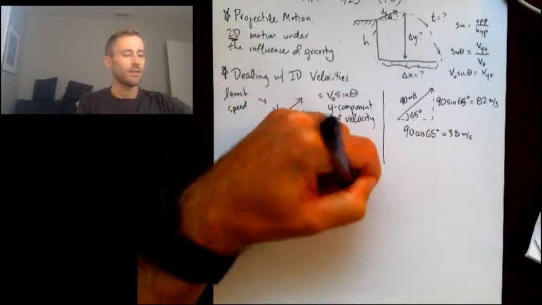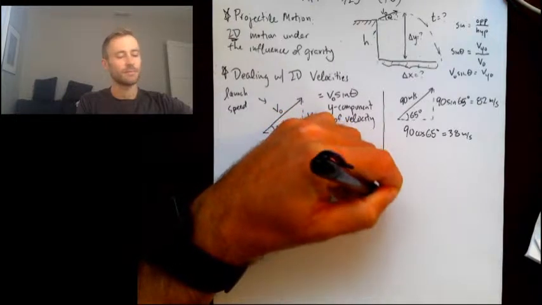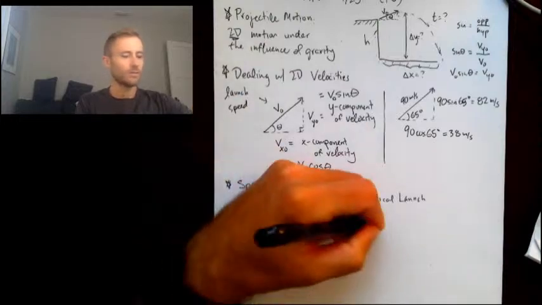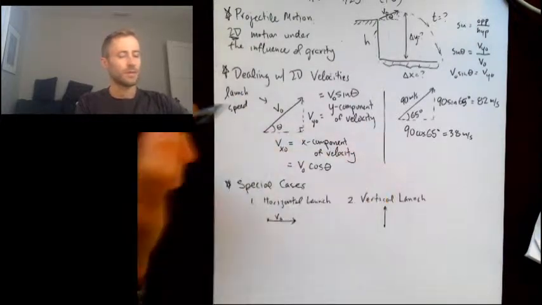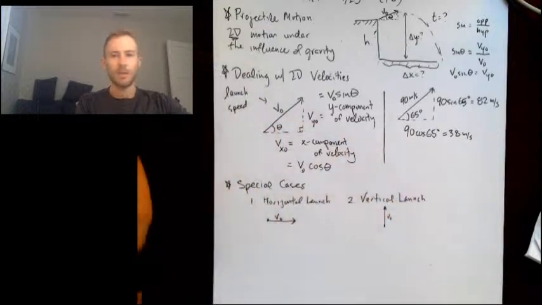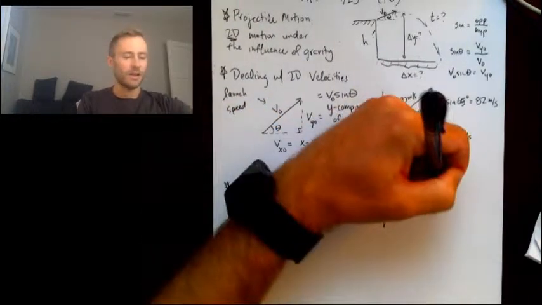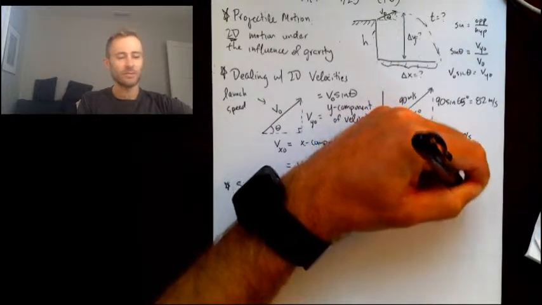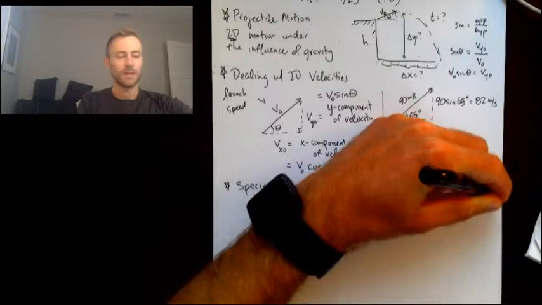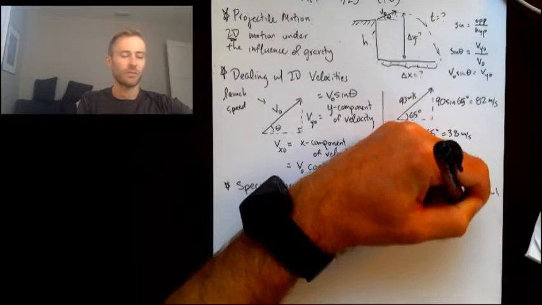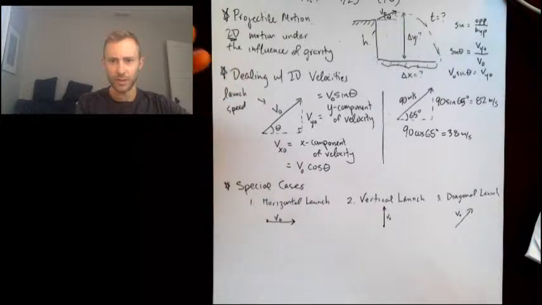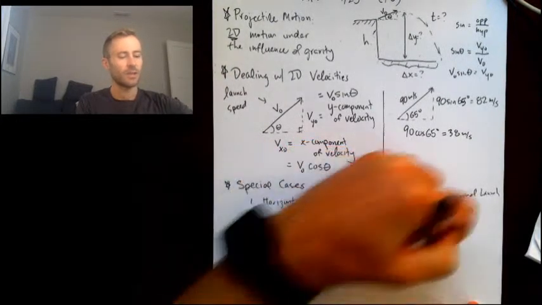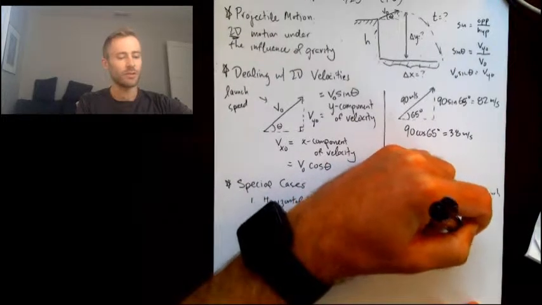You have a vertical launch where the initial velocity looks like that. Or you could have an exactly diagonal launch that looks like that. Or you could have some other launch angle, but these are just some special cases. So what would be the launch angle in each of these cases? Type it into the live chat if you know what the launch angle is in each of these cases.